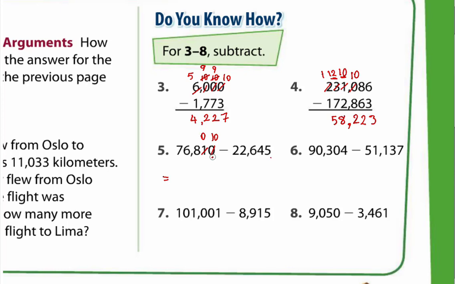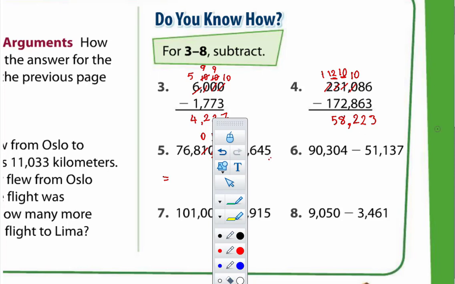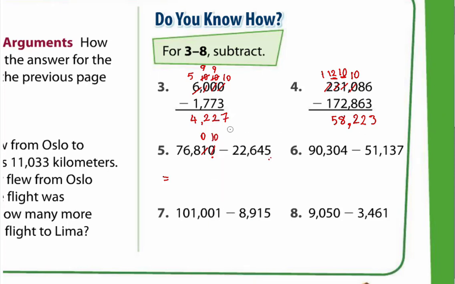Continue. 10 minus 5 is 5. 0 minus 4. We will take 1 from the 8 and put 10. No, start first with the 8. It will be 7. And after that, give the 1 to the 0. It will be 10. Now, 10 minus 4.